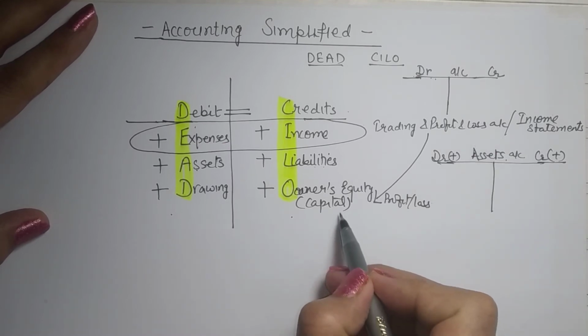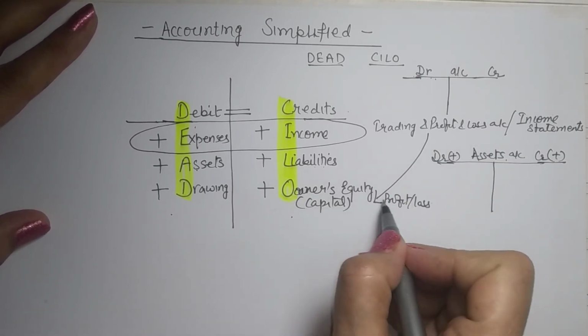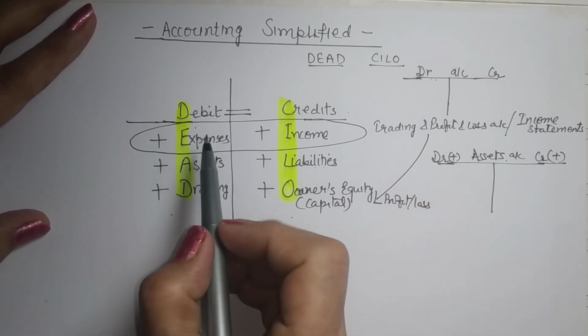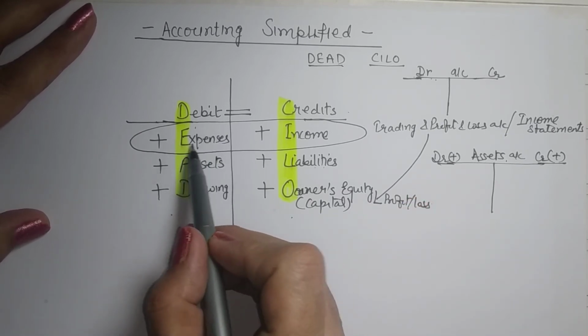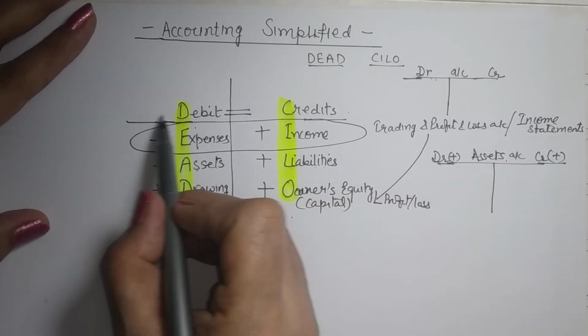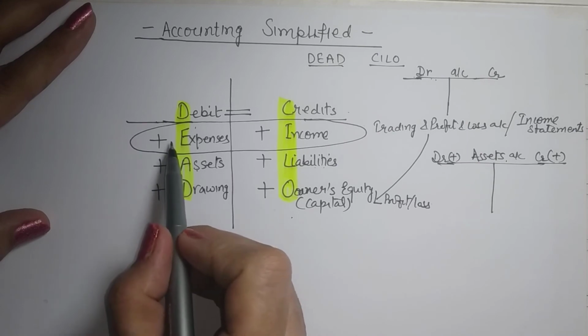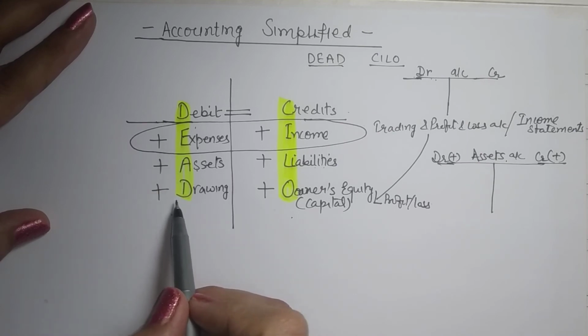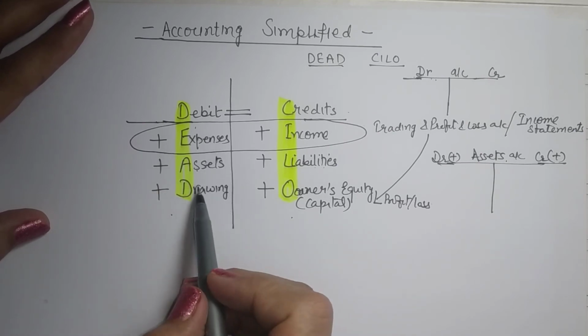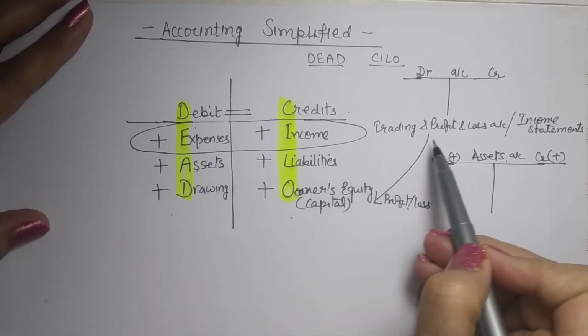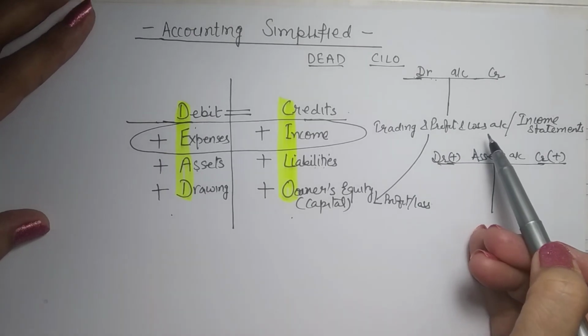But these two belong to the owner, right? So this phrase not only tells us about the accounting of the information, that is plus or minus, but it is also giving us insight into the components of the trading and profit and loss account.